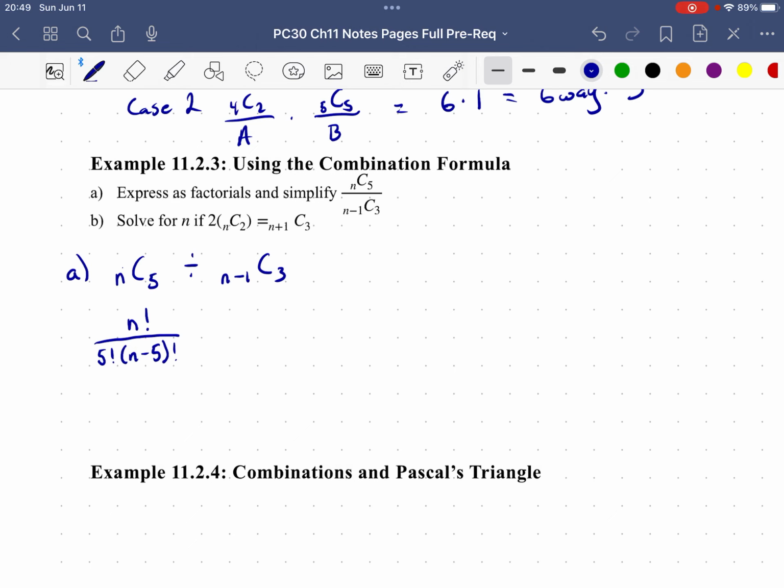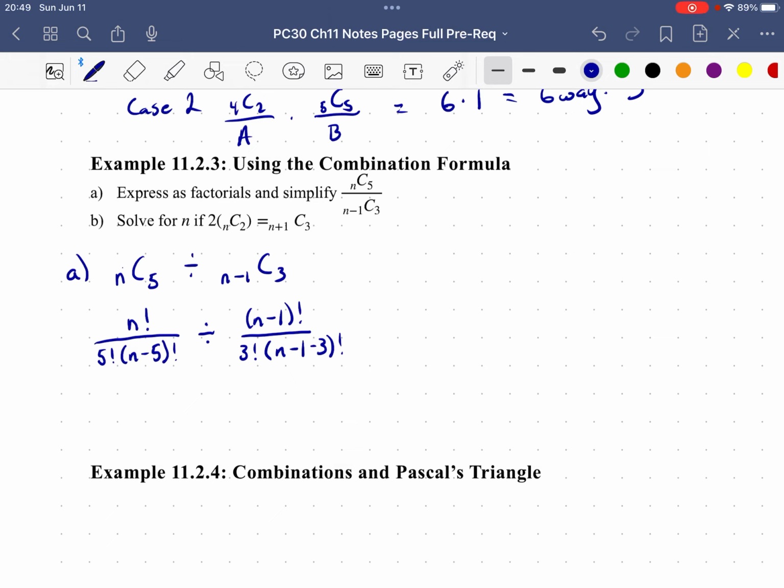All right, that looks pretty good. Divided by, on the top, we have (n minus 1) factorial all over 3 factorial times (n minus 1 minus 3) factorial.